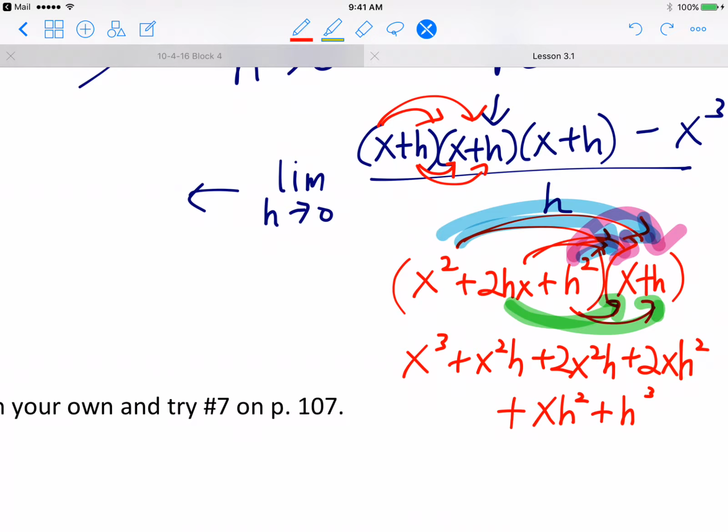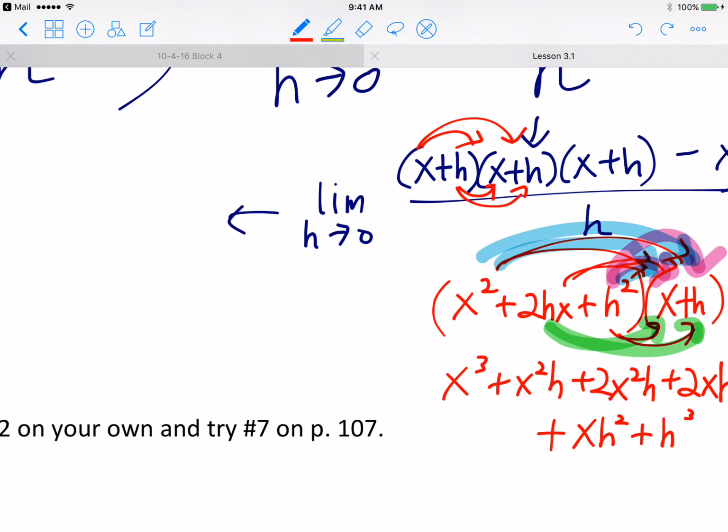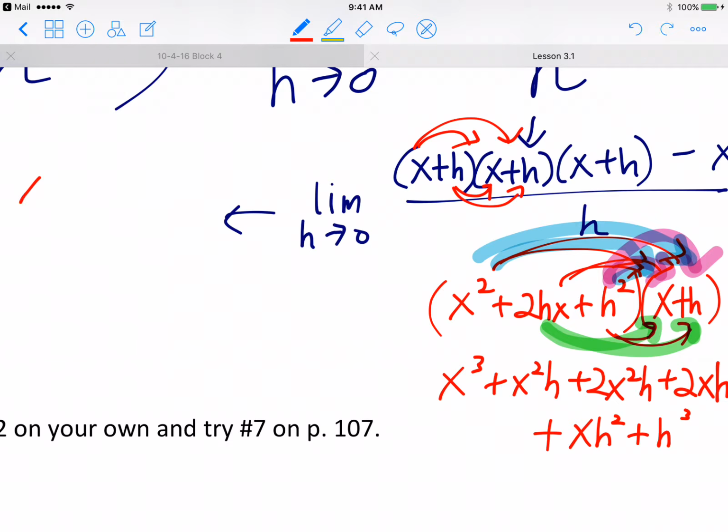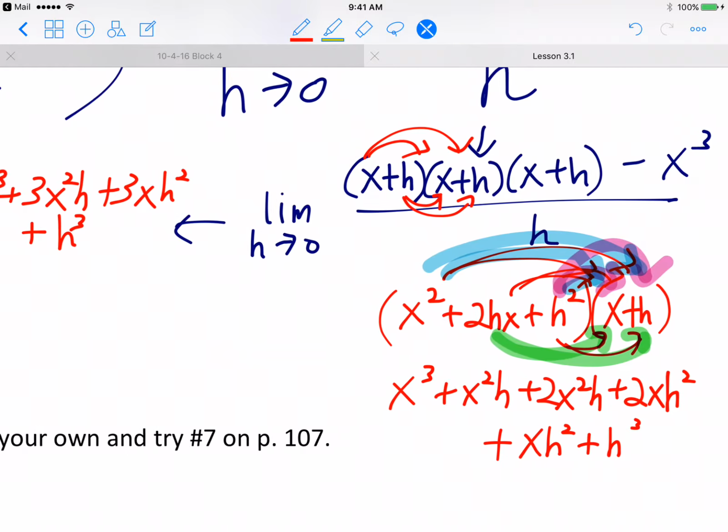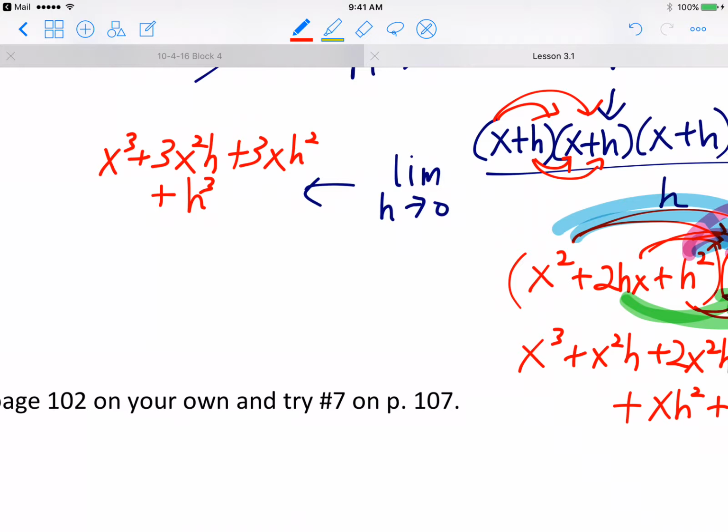And in turn, I end up with x to the third power plus, combining the like terms, 3x squared h plus 3xh squared plus h to the third power, and then followed by that minus x to the third power at the end. So this whole thing minus x to the third power all over h.